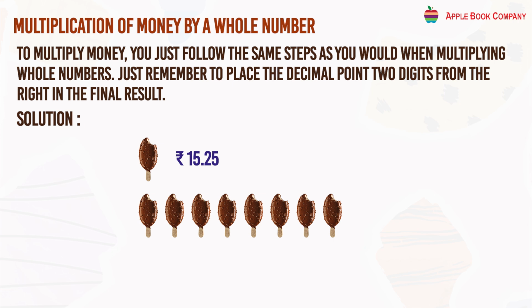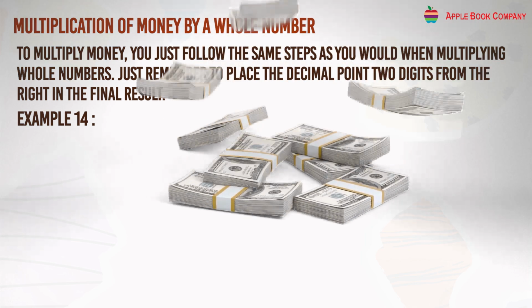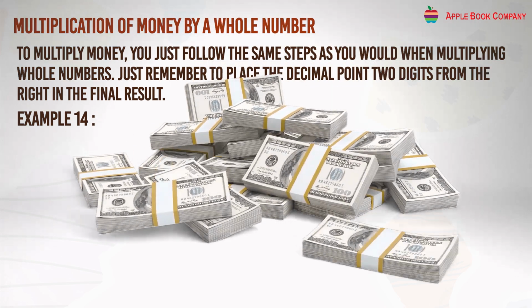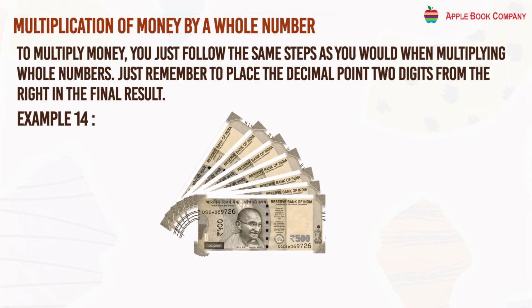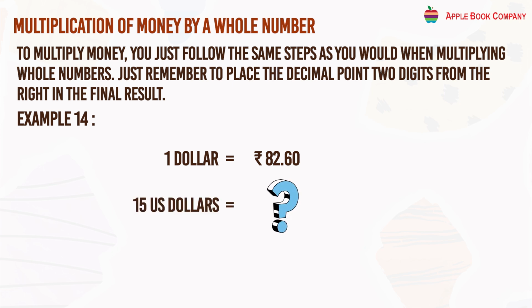The cost of 8 ice creams is Rs 122. Example 14. The exchange rate between US dollars and Indian rupees changes frequently. If 1 US dollar is equal to 82.60 rupees, how much would an item that cost 15 US dollars cost in Indian rupees?